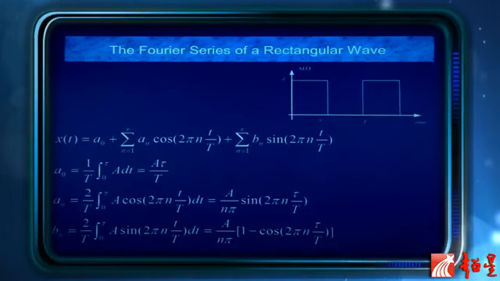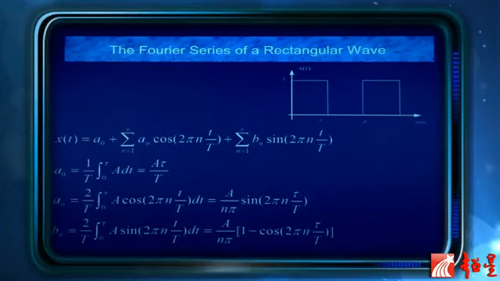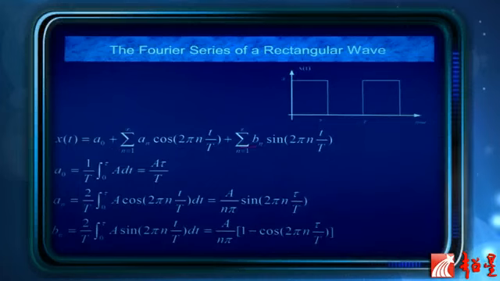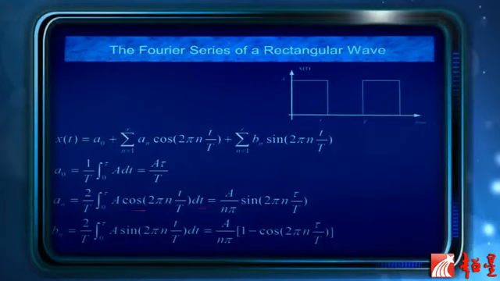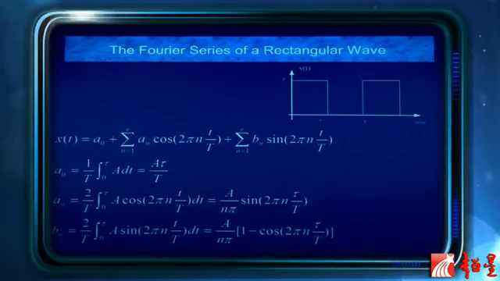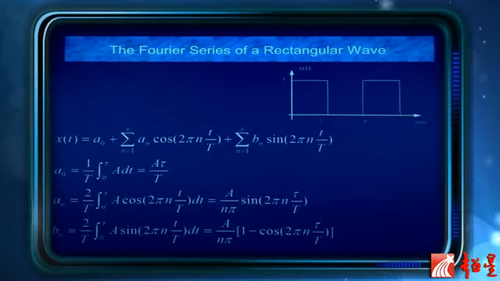For any arbitrary rectangular waveform with arbitrary duty cycle, we can represent that with a Fourier series. Okay, we can get a Fourier series expansion, and then find the coefficients of this Fourier series. A sub 0 is the DC component.